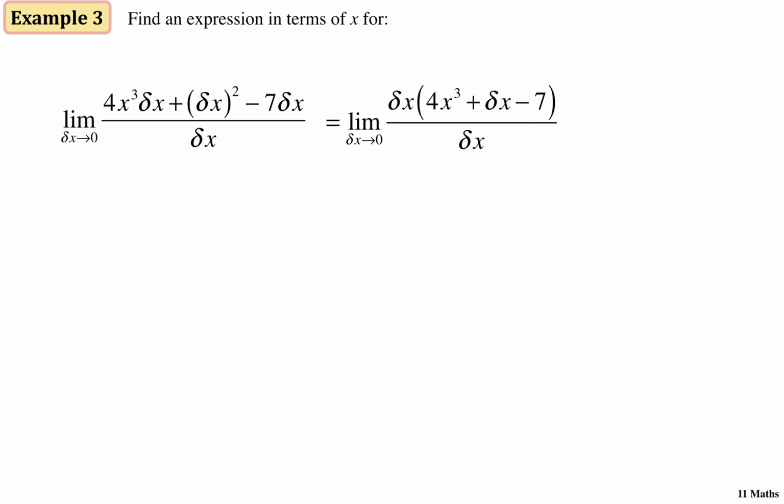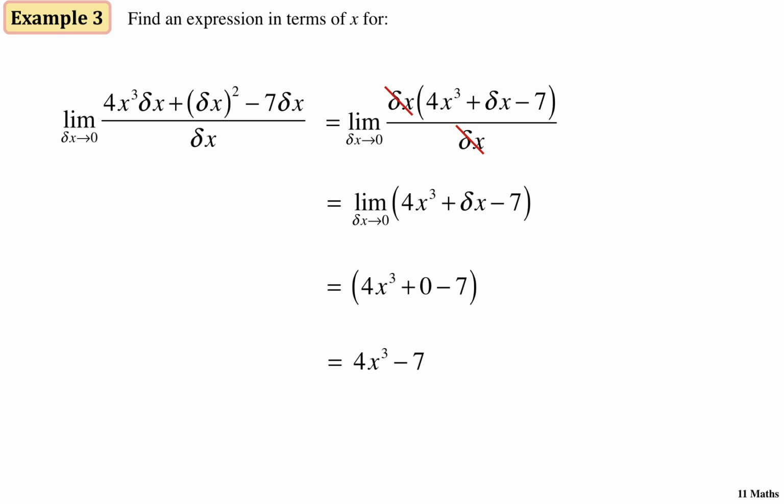So I can see now that I've got delta x's that cancel. I don't have any problems with fractions anymore because the question now is just the limit as delta x approaches 0 of 4x cubed plus delta x take 7. If I let delta x actually equal 0 now, it doesn't, but it's so close to it, I'm just going to pretend it did. I'd end up with 4x cubed plus nothing take 7, which is 4x cubed take 7. That's what the answer is getting very, very close to.